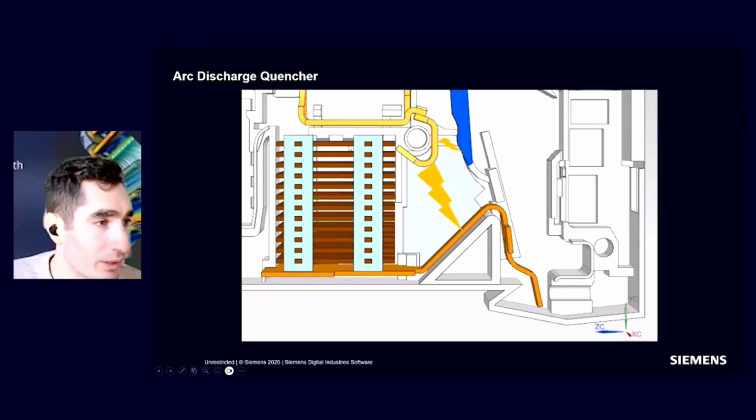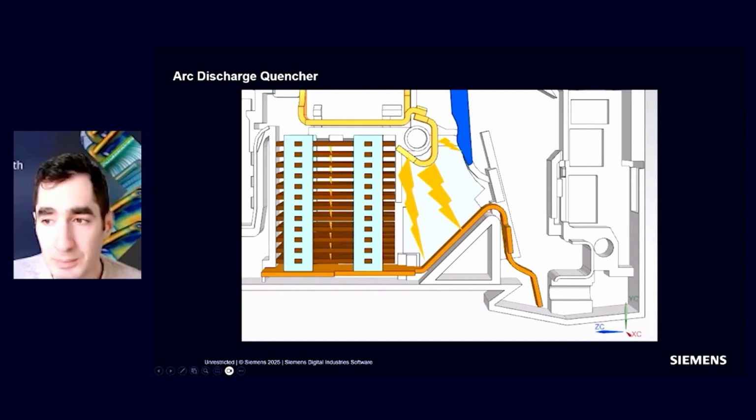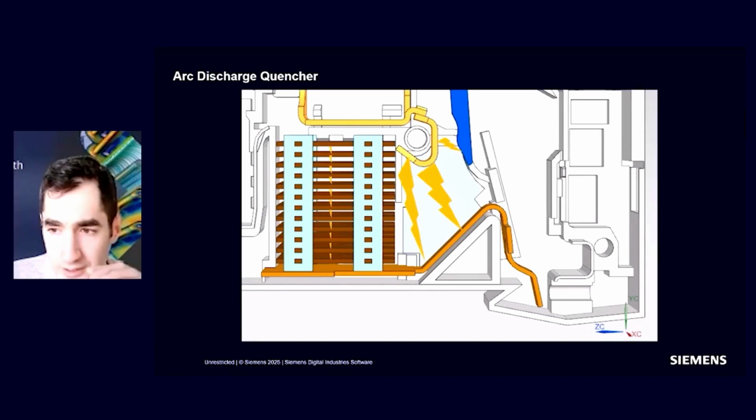And then what happens when the arc goes closer and closer to these metallic plates is that it splits into smaller arcs. When it splits, each smaller arc segment encounters increased resistance, and the metallic plates absorb heat, cooling the arc and deionizing the air.